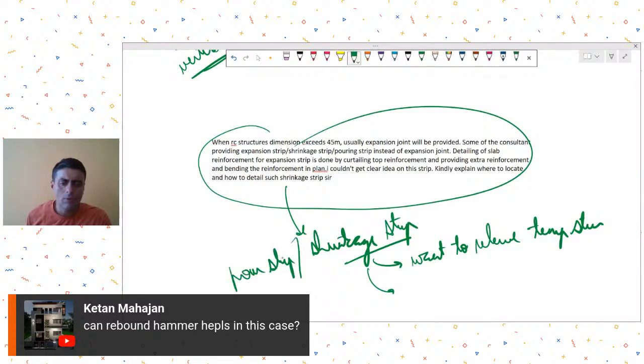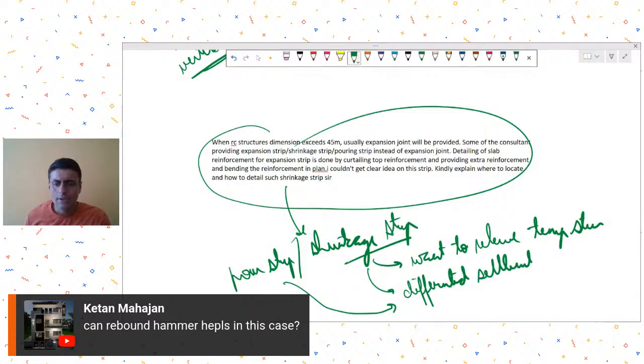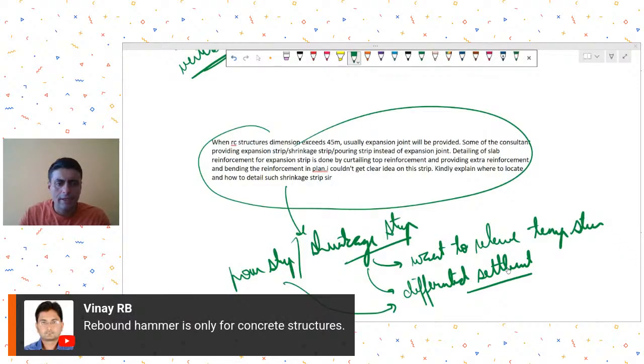So you could have a pour strip at a location where differential settlement was a problem, and you wanted to avoid that also. In such cases also, you could have a pour strip provided. Mr. Vinay RB is adding that rebound hammer is only for concrete structures.